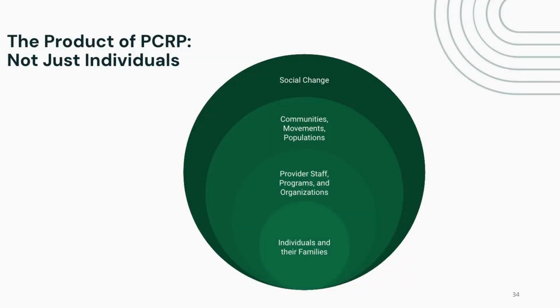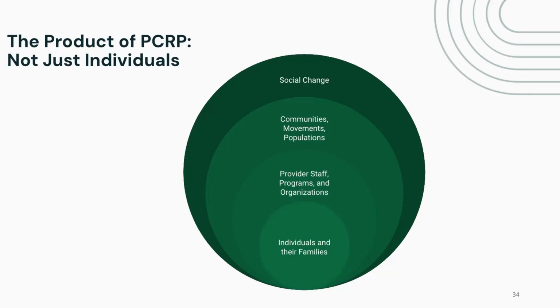The product of a person-centered approach, though, isn't just at the individual level. To fully appreciate what results from PCRP, it can help to view change through different levels or scales within the system and community and society. The one we focus most on in this course is individuals and their families, but the changes that take root within service organizations like clinics, programs, and provider staff and practitioners can be profound.